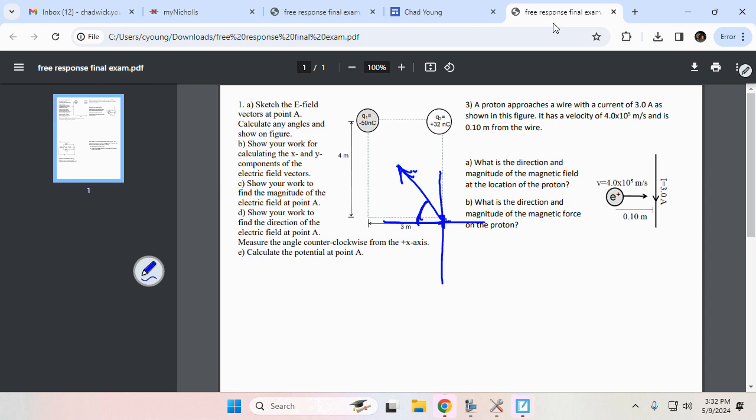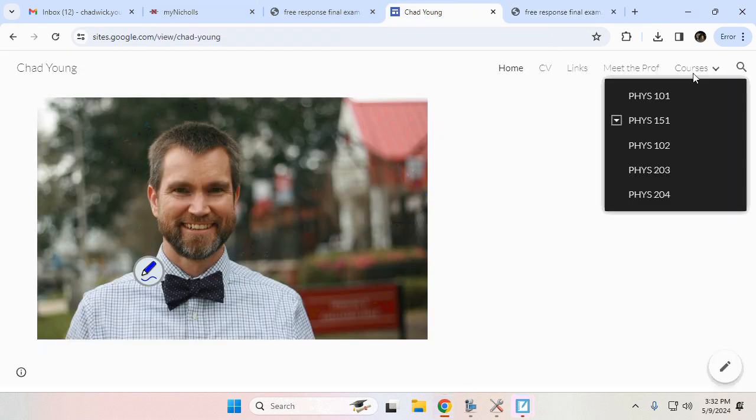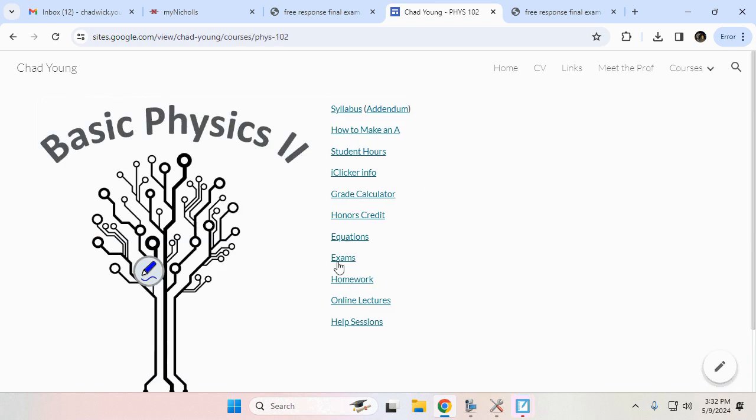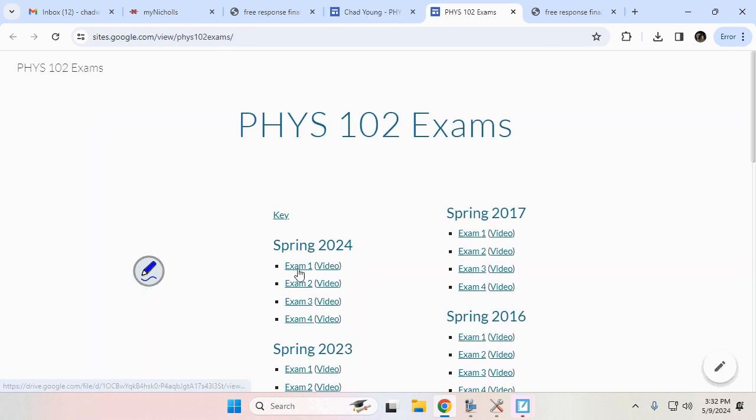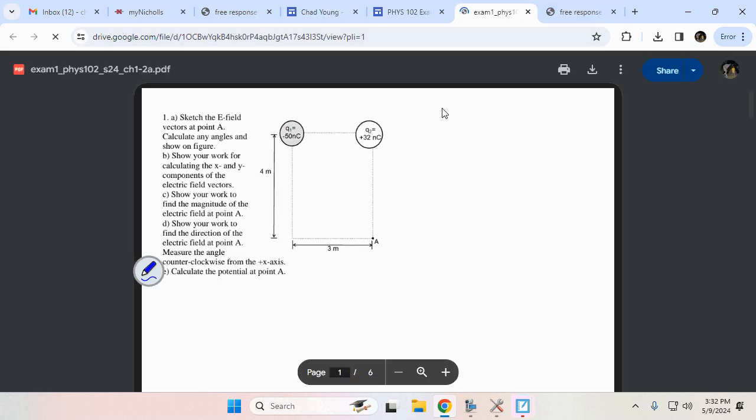Other questions about the free response? Or just in general? Are there particular questions that you want to look at on the last 4 exams or even on past exams? I'm just going to pull up exam 1.